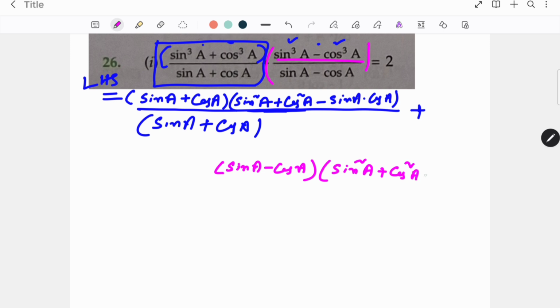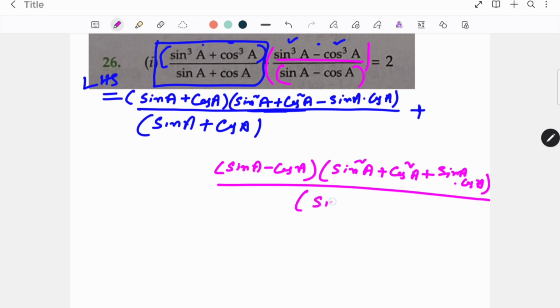In case of minus, the ab part will have plus, that means plus sin a into cos a. And down below it we have this one, sin a minus cos a. Hope you understood this part for the second one and this one for the first one.